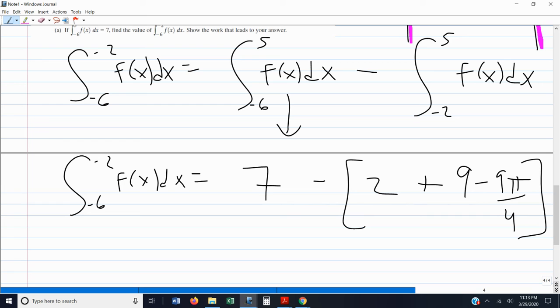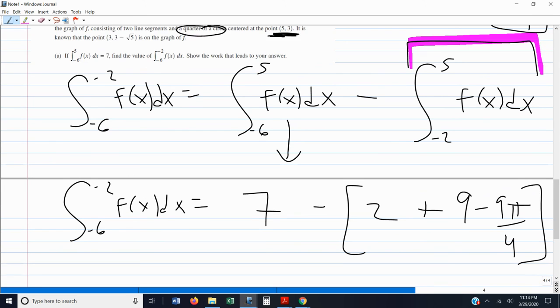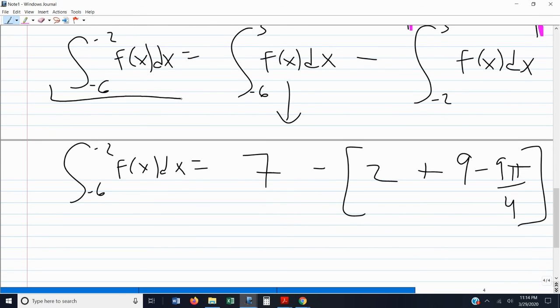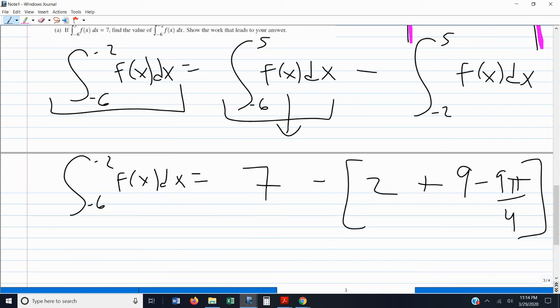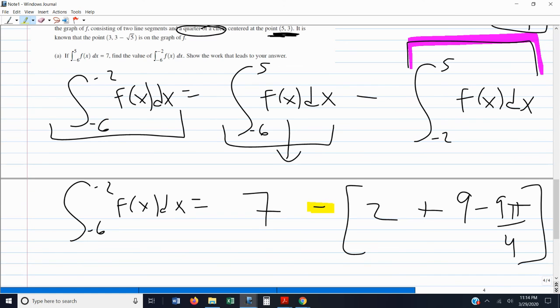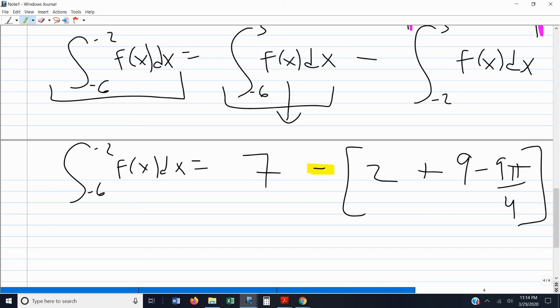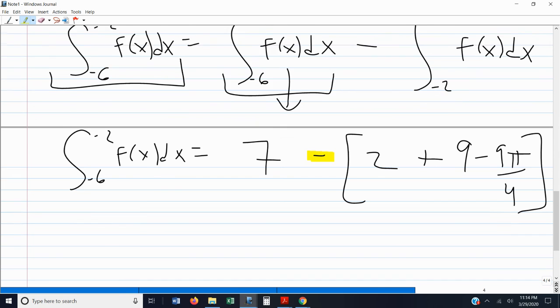From the very beginning of the question, we knew that we were going to get this area from -6 to -2 by starting with the whole piece, which was 7, and taking out the area from -2 to 5. So we have our subtraction, which is going to be distributed, and then that area from -2 to 5 was the trapezoid 2, and that yellow shaded area, which was 9 minus 9 pi over 4.